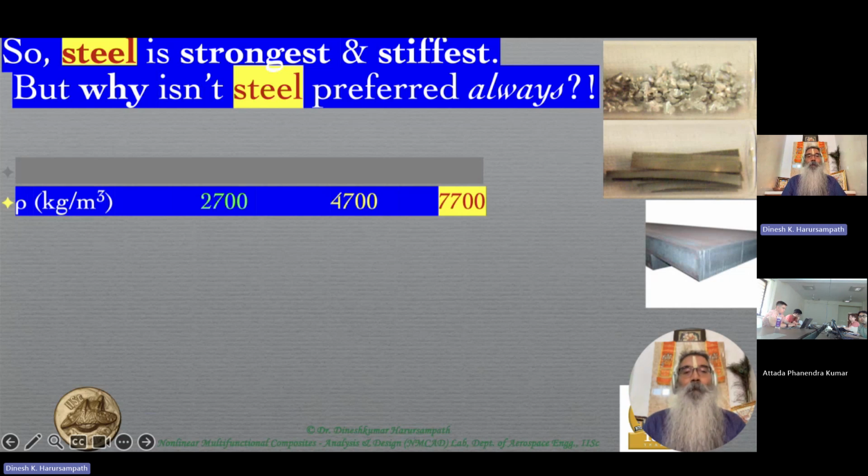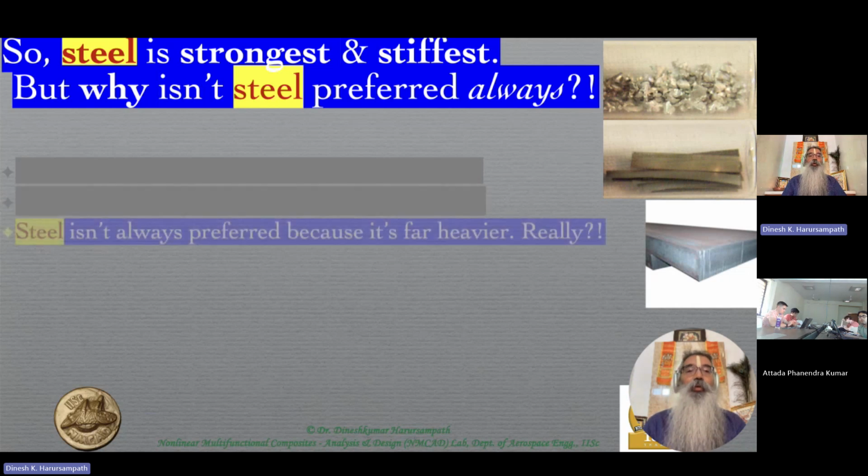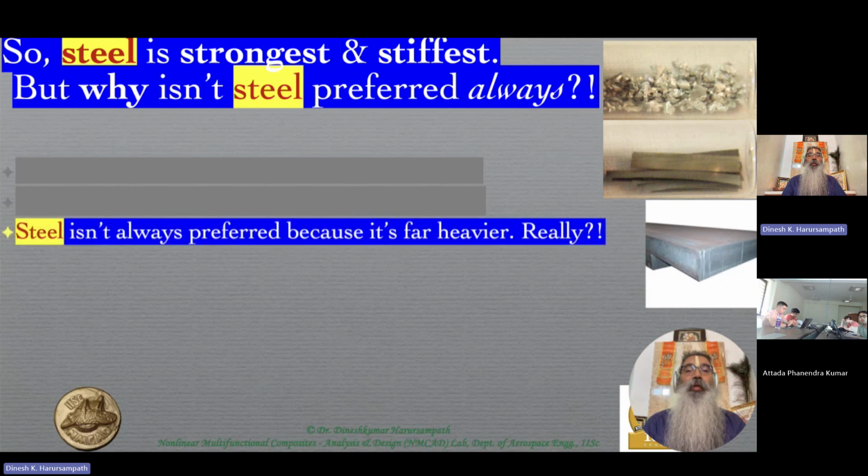Okay, but since these are three different quantities that we talked about, we want to have some kind of a common plane on which we would like to look at these. The question, of course, is steel isn't always preferred because it's far heavier. So that's purely from the absolute values of the density.